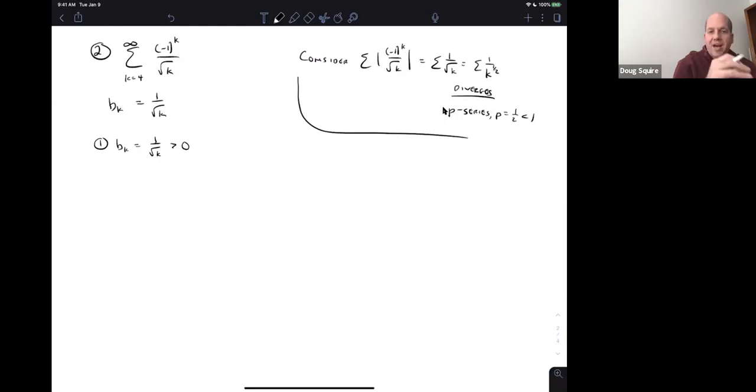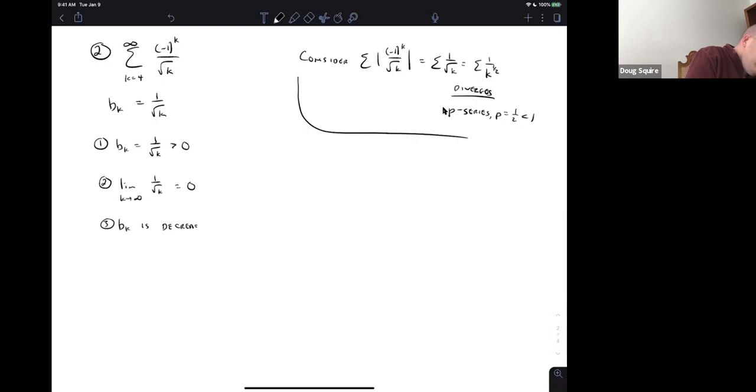You got a positive divided by a positive, and so the whole thing is positive. The second thing is the limit as k approaches infinity of 1 over the square root of k is 0. On this one, that limit's very easy to show. It's 1 over infinity, and so it's 0. And the third thing is b_k is decreasing.